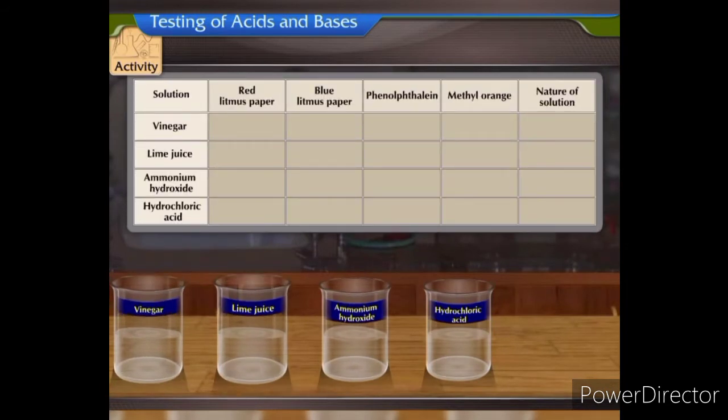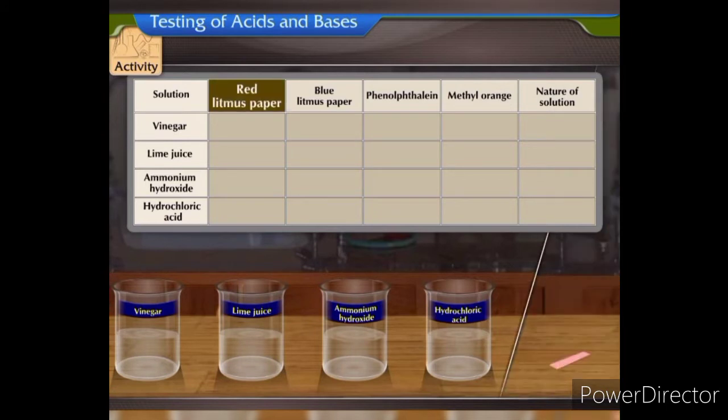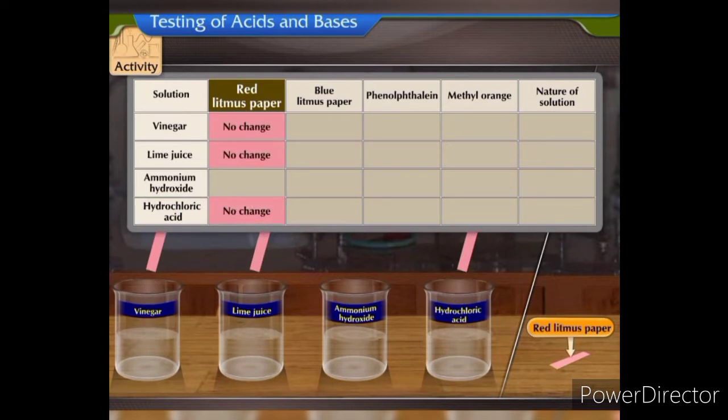Let us first test each of the solutions with red litmus paper. What do you observe? In vinegar, lime juice and hydrochloric acid, red litmus paper does not show any change in color, but in ammonium hydroxide solution, it turns blue.